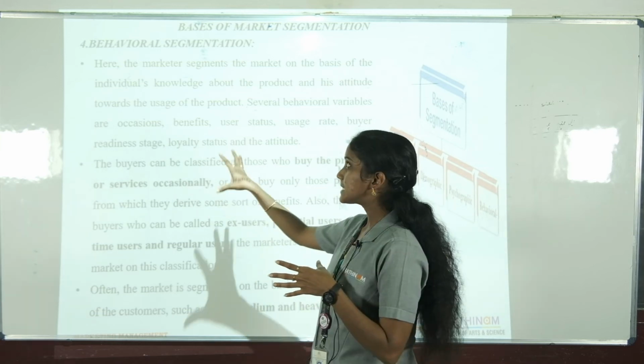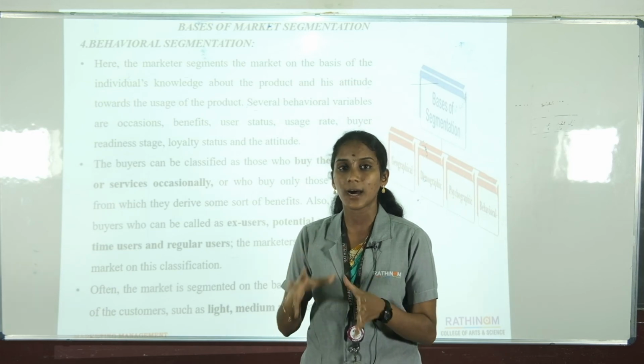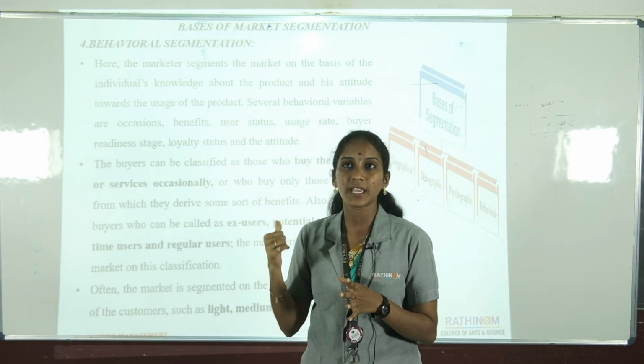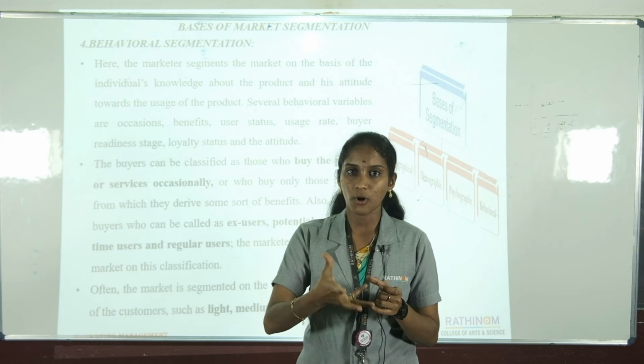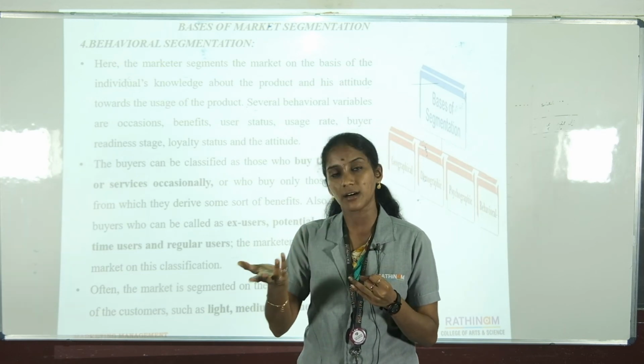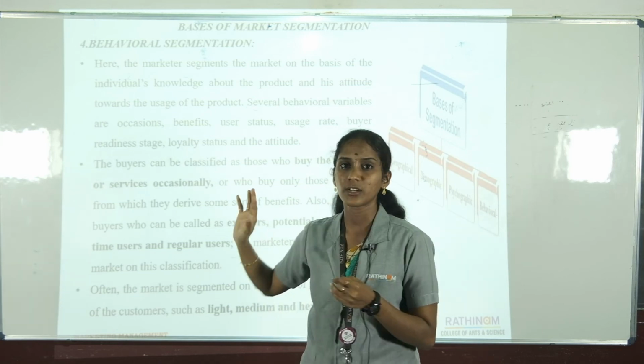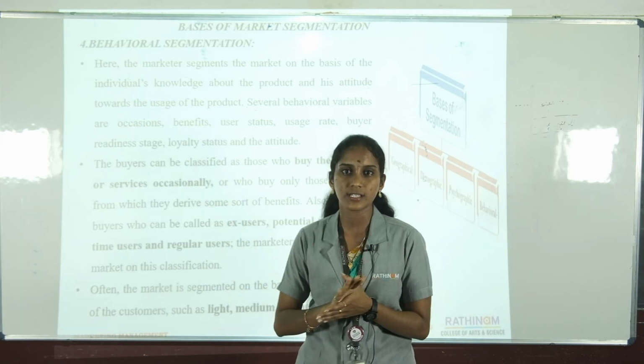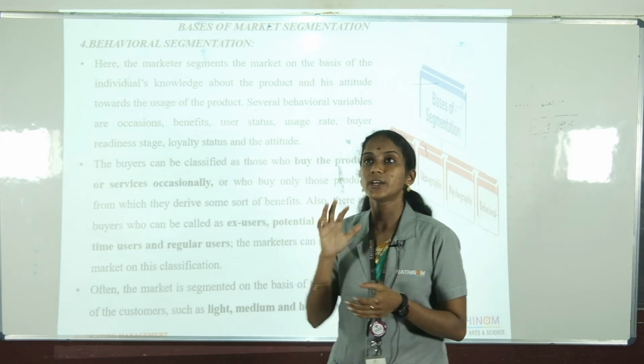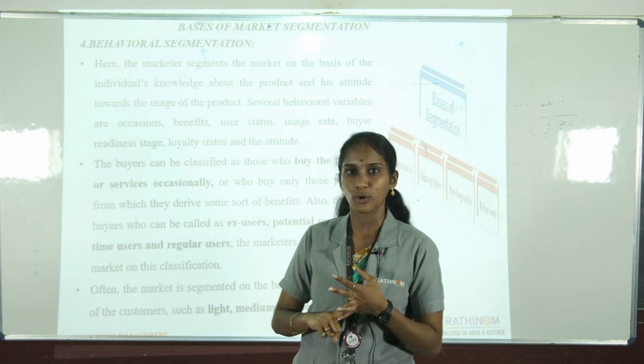This type of behavioral situation comes only in an occasional form. So when I buy a product only when I have to buy it at a higher rate, that is the term behavioral situation. Behavioral segmentation is always based upon the consumers and also the customers.